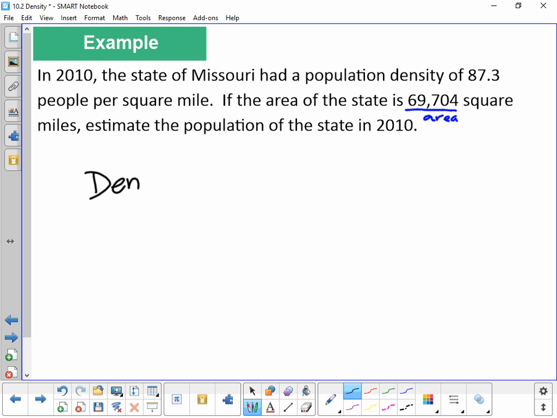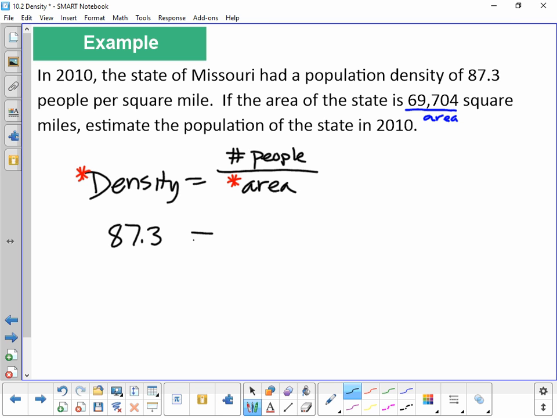So same as last time, the density is equal to the number of people, or the population, divided by the area. Well, the parts of this that I know from the problem are the density and the area. The density is 87.3 people per square mile.